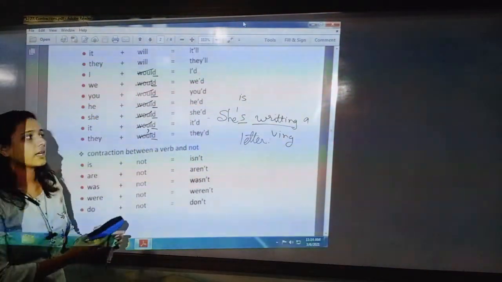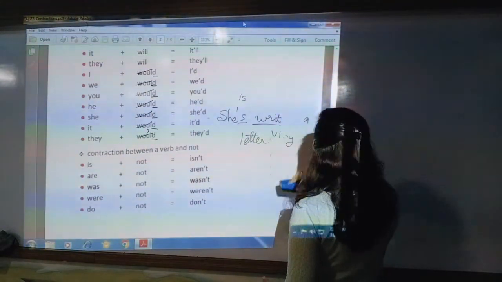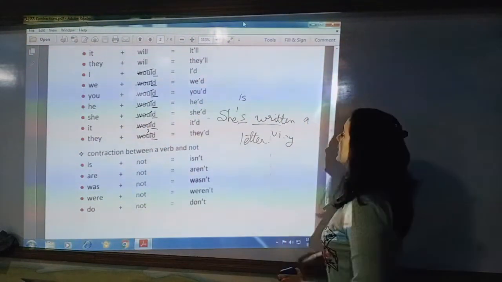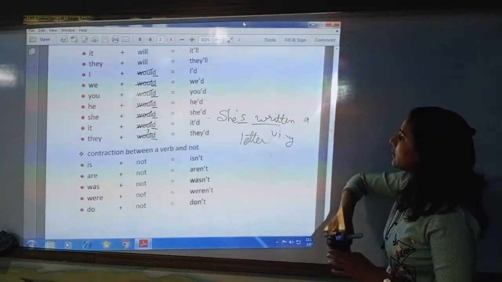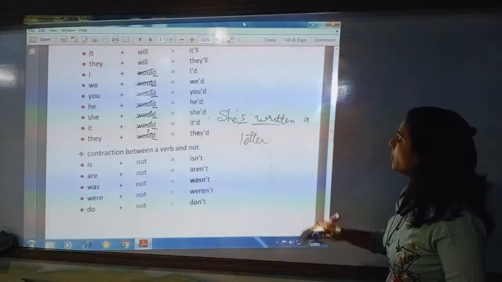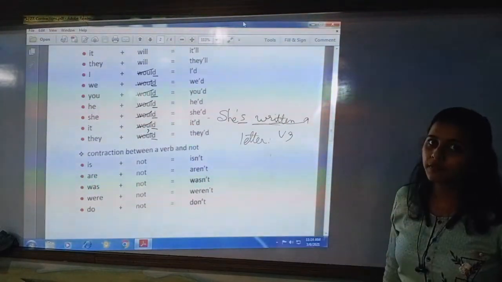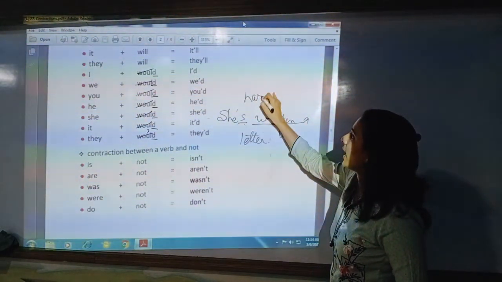And if I write it as written, that means it is the past participle form of the verb, written. So the apostrophe S is for has.